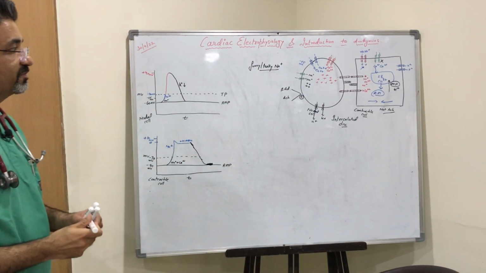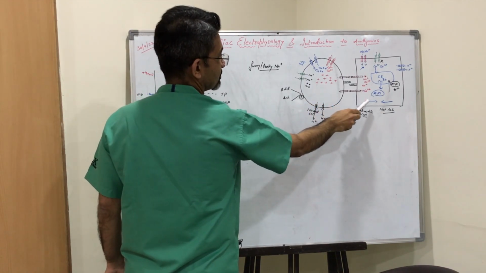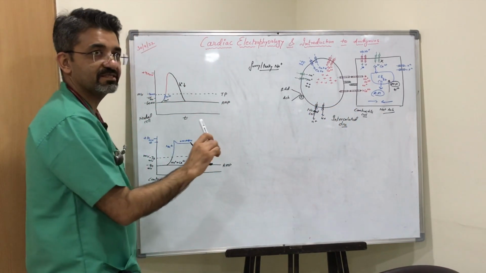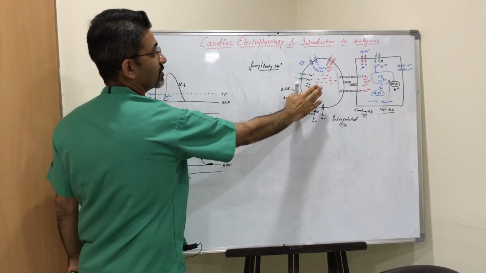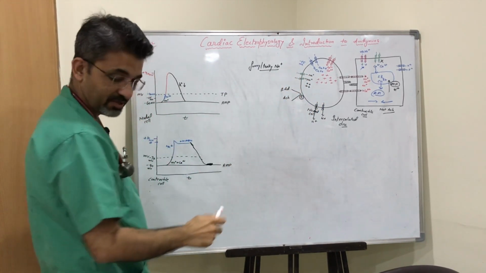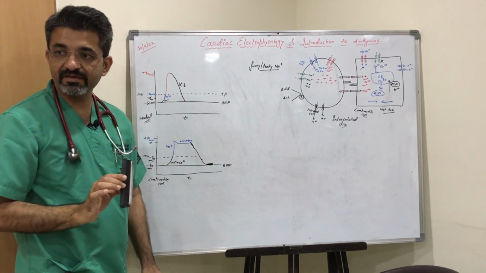So beta adrenergic receptors are there on nodal cells as well as on contractile cells, but acetylcholine, by virtue of the parasympathetic system, acts only on nodal cells. Now I'll come to arrhythmias. I hope this basic electrophysiology is absolutely clear, right?